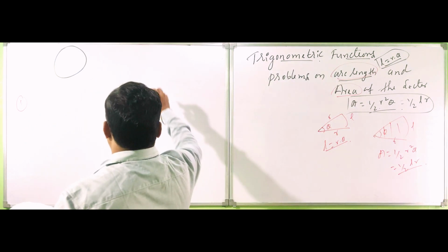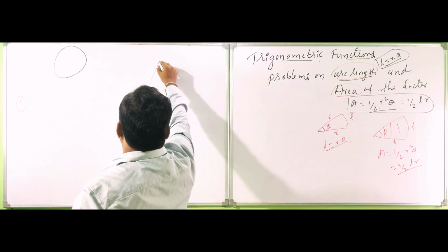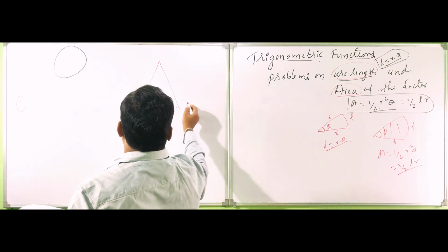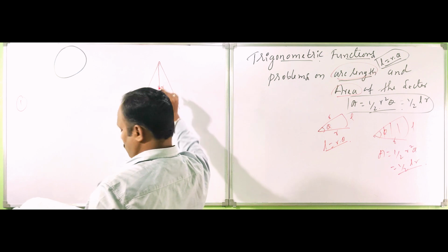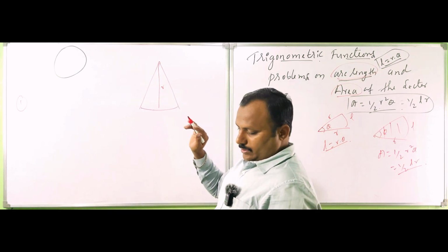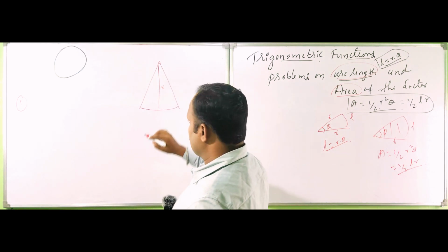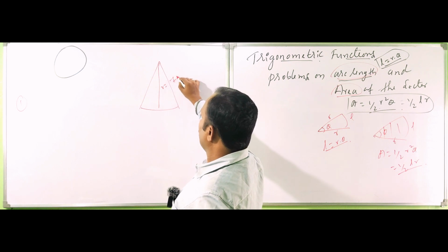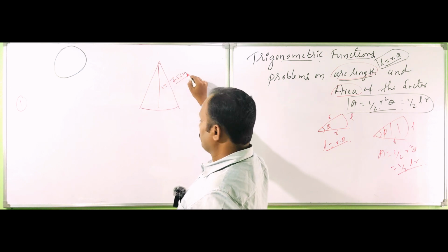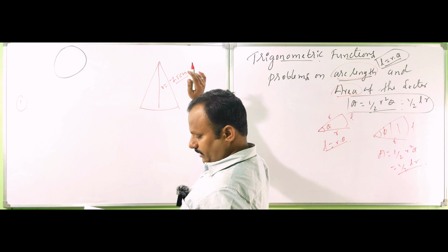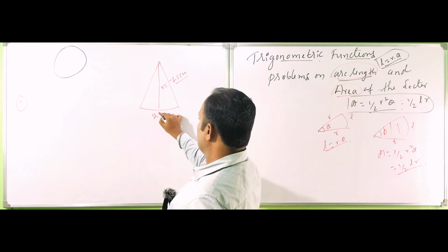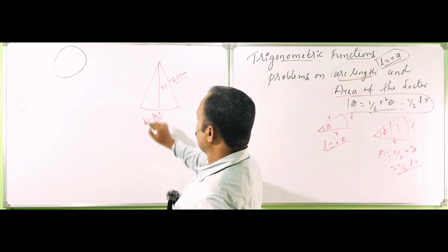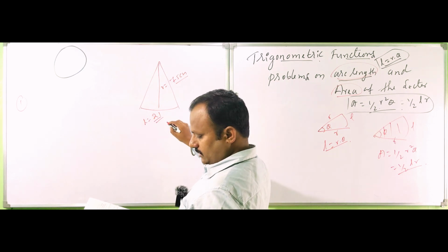Given a pendulum with radius R, the pendulum swings with length 75 centimeter, and the tip describes an arc length of 21 centimeter. This arc length is L is equal to 21 centimeter.